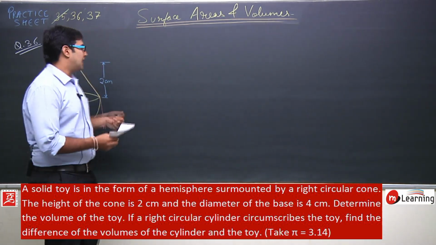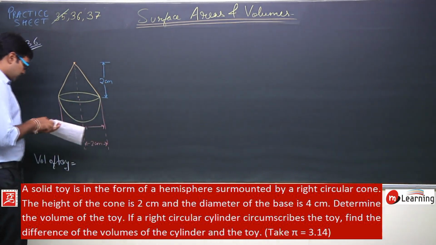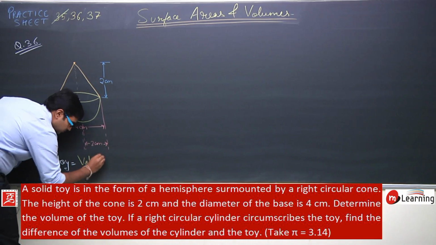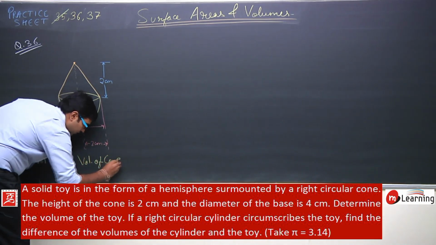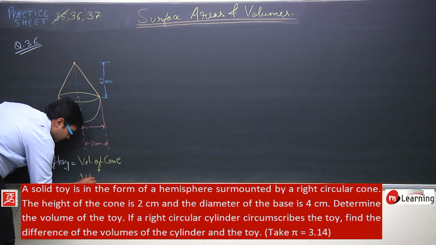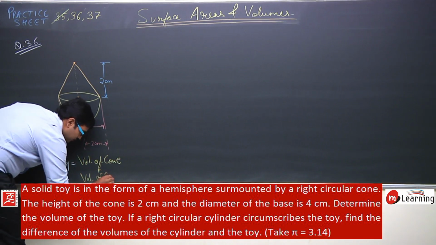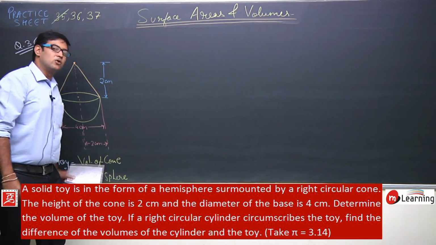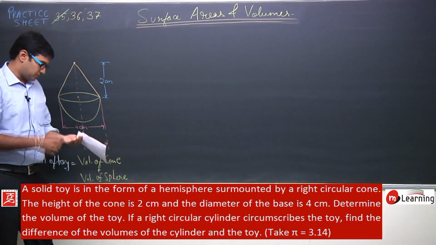We have one solid figure as cone and another as sphere. So volume of toy will be equal to volume of cone plus volume of sphere.